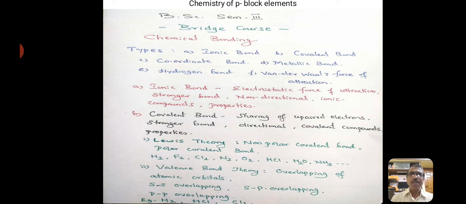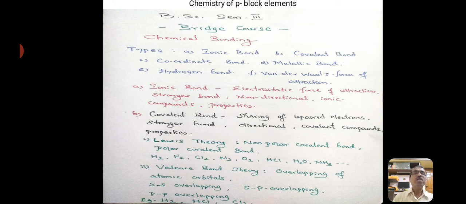The question arises here: what is a chemical bond? As you know, the bond is a sort of force that keeps two atoms together. I repeat, the bond is a sort of attractive force between two atoms which keeps the atoms together.